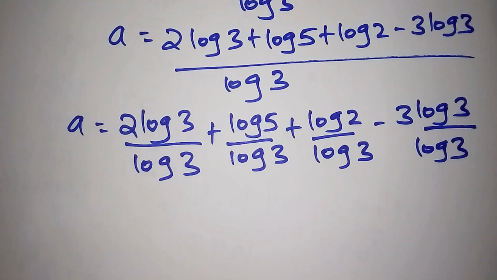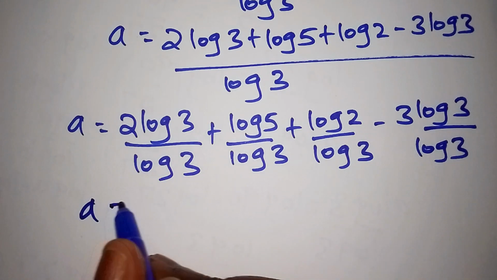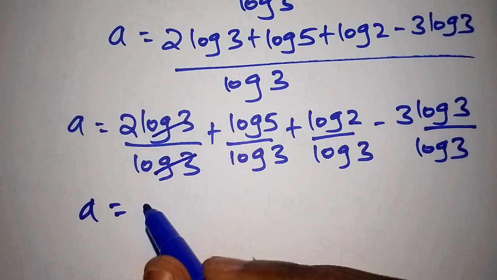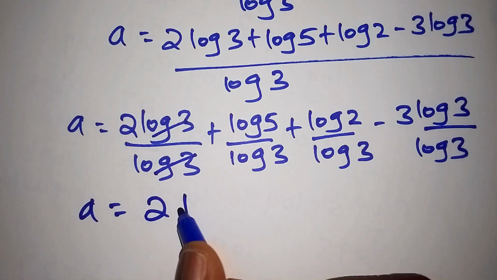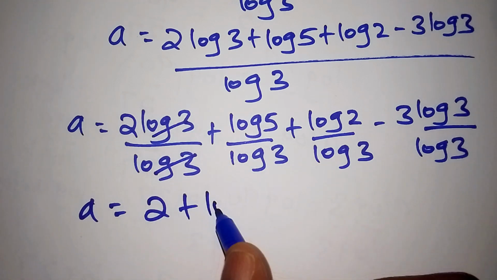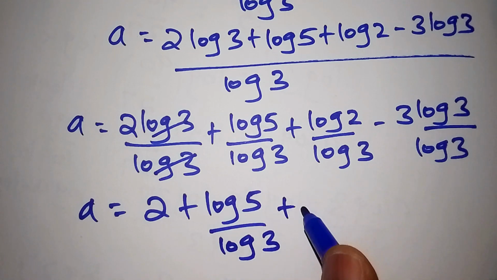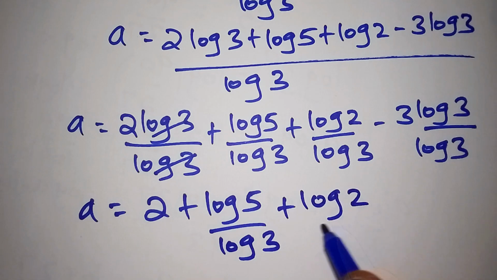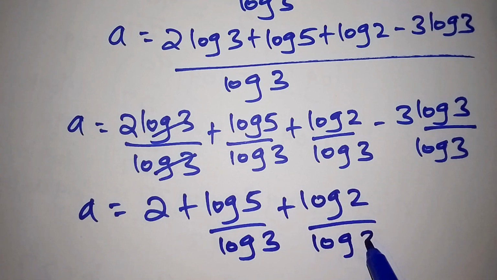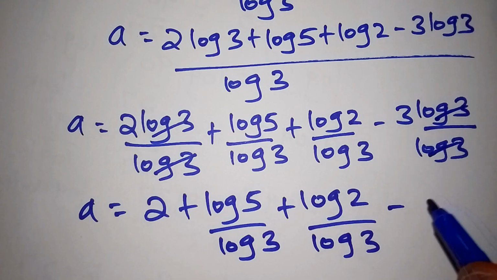So the value for a is equal to, log 3 and log 3 cancel, so we have 2 plus log 5 all over log 3, plus log 2 all over log 3, minus, log 3 and log 3 cancel, so we have 3.